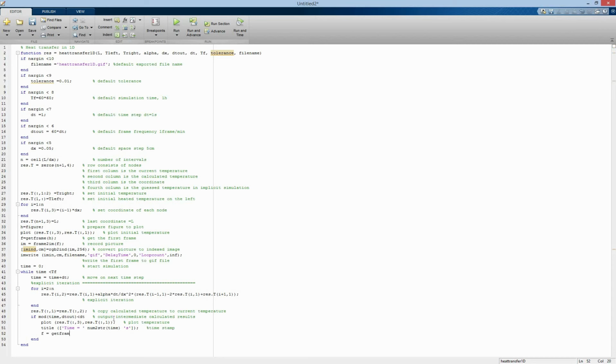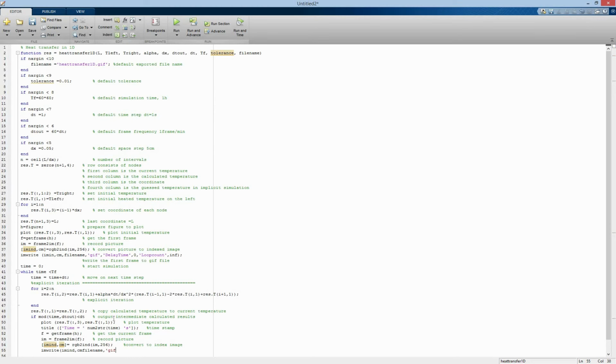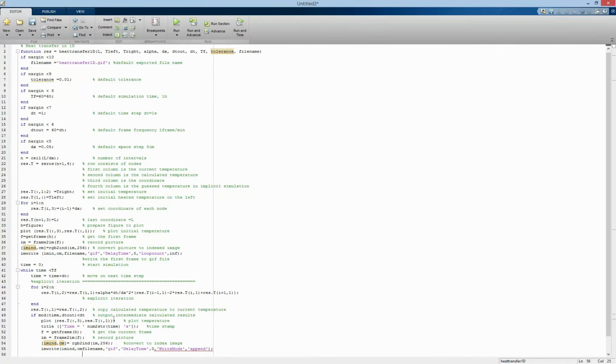And then I get the frame and I export the frame to the GIF file. Please remember that there is a lack of a comma over here. And for the next time step, I use the write mode append to append the new frame to the existing file.